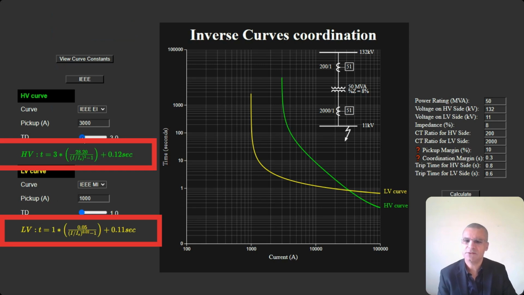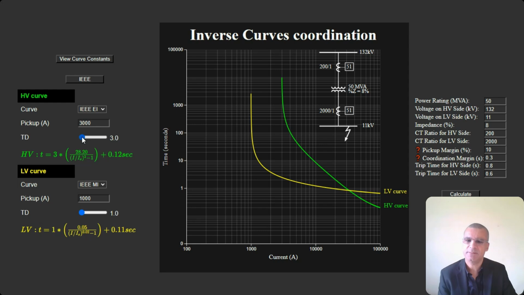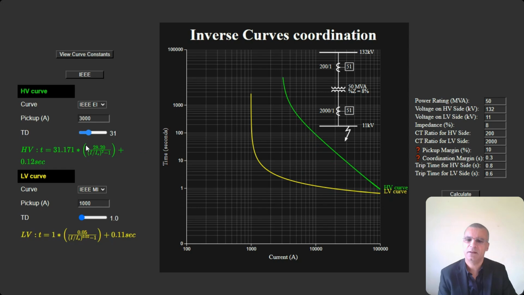So what you can do is dynamically change the time dial. For example, on the HV curve, if I want to increase, you can drag the slider here and it will update automatically here on the right hand side. What I've done as well is something that I've always wished to be a feature on these overcurrent coordination tools.